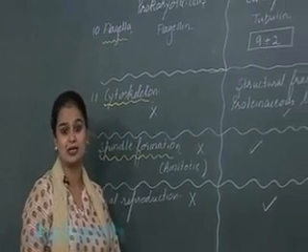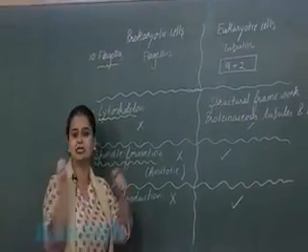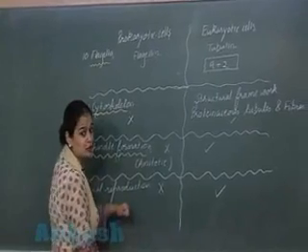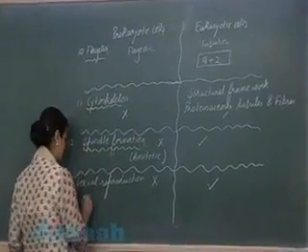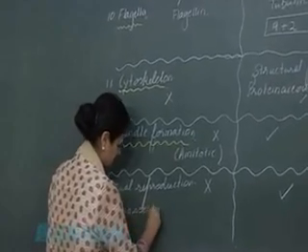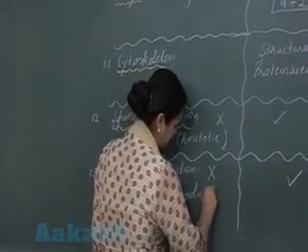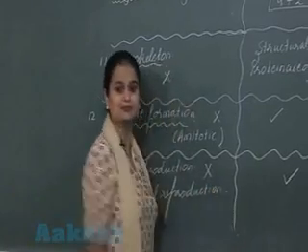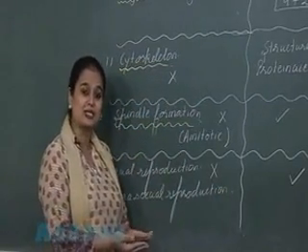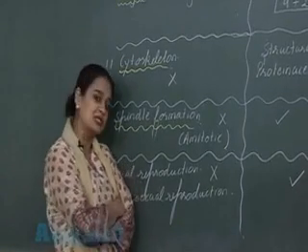Recombination will occur, that is there will be transfer of genes from one bacteria to other bacteria. So this is not a true form of sexual reproduction. Instead, it is known as parasexual reproduction.